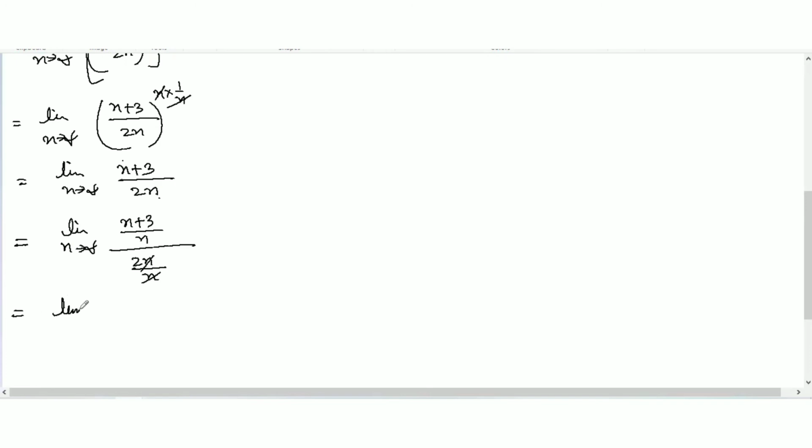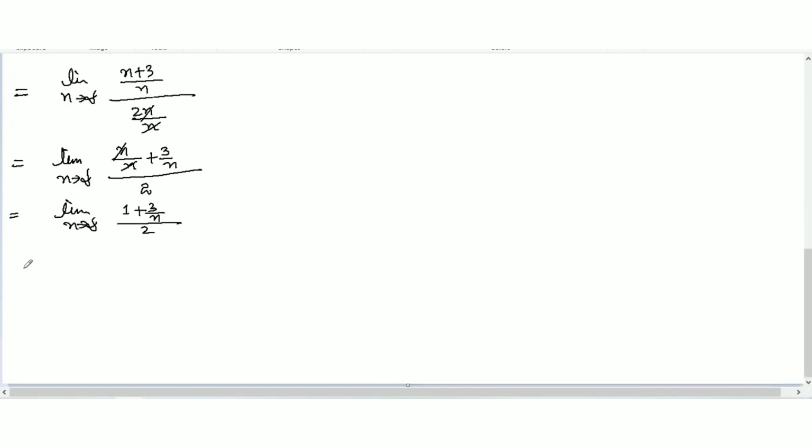So limit n tends to infinity, here we separate it: n/n plus 3/n, and all over 2 is left. So this will be cancelled. We have left the limit n tends to infinity of (1 + 3/n) over 2.